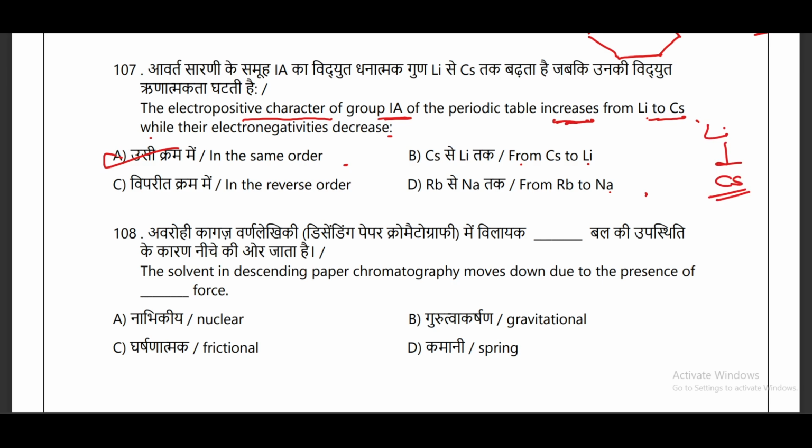This is because atoms become larger and outer electrons are more easily lost. Correspondingly their electronegativity decreases in the same order from lithium to cesium, because attraction between nucleus and valence electrons decreases as the atomic radius increases. So correct option is A option.